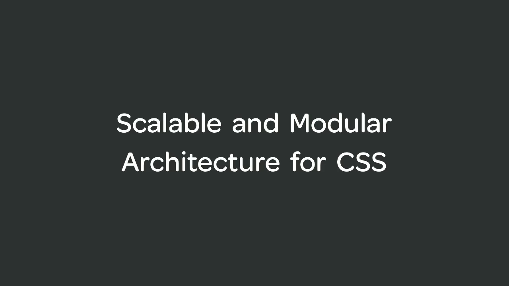Now, a similar method called Scalable and Modular Architecture for CSS, or SMACSS, was created by Jonathan Snook as a style guide that helps organize our CSS. SMACSS is very similar to object-oriented CSS in that it helps structure our code for projects on any scale.